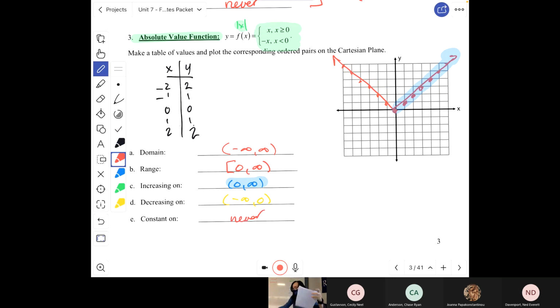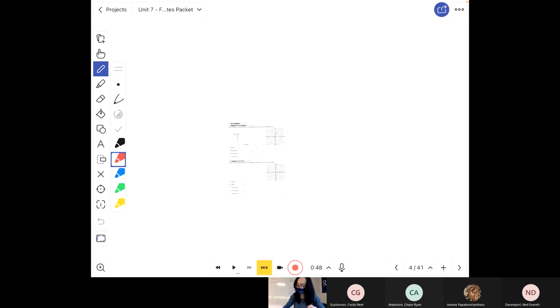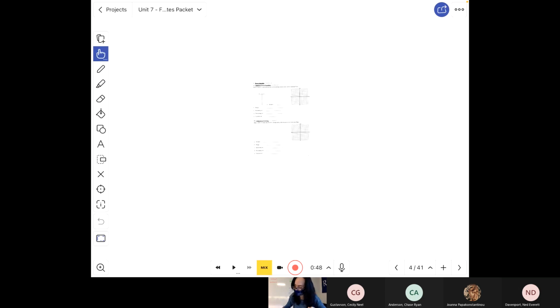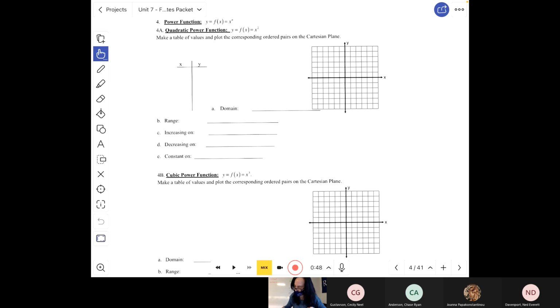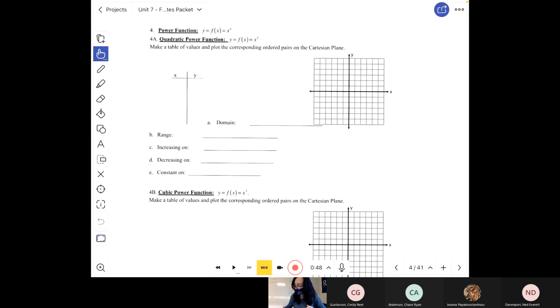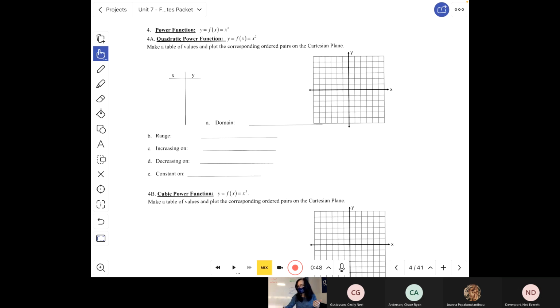Okay, moving along. Now, this is going to take us to the new types of functions that we're really going to dive deep into. We started talking about these types of functions when we looked at linear functions, where y is a function of x.